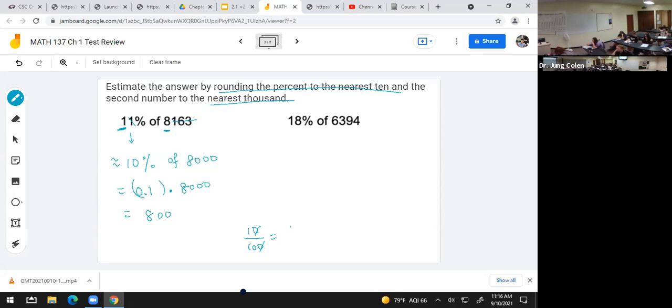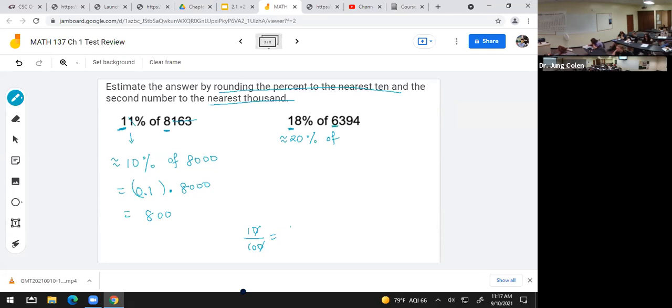Good? All right. 18%. We need to round this to the nearest 10. And this is the tens place. I'm looking at the ones digit, bigger than 5. So what do we do? We need to round up. So not 10, but it's going to be 20% of, rounding to the nearest 1,000. I'm looking at the next digit.